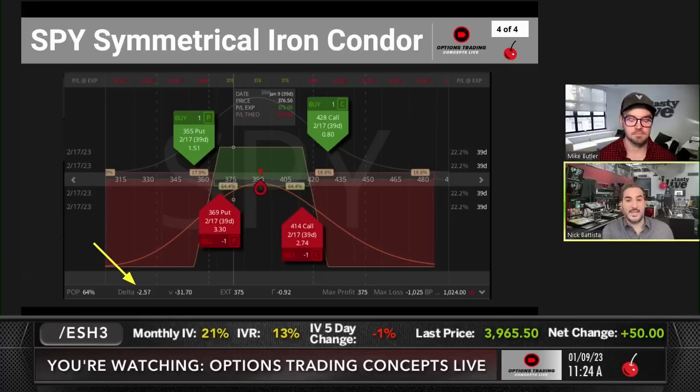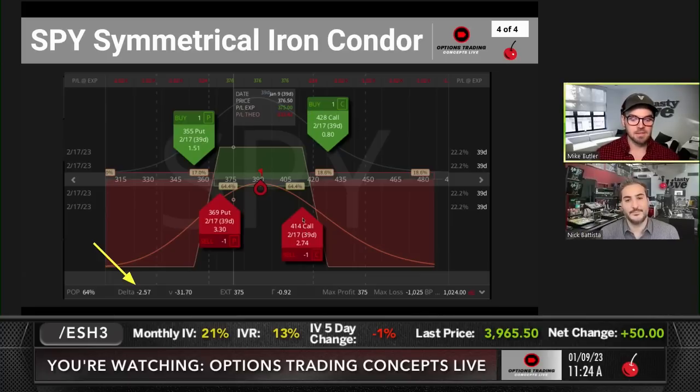You can see that even though you've got the same amount of risk on both sides, at the same short deltas on the short options, you're naturally going to lean a little bit short delta here, just because of the drop off in the options further out of the money on the call side, because that delta comes off the table quicker.